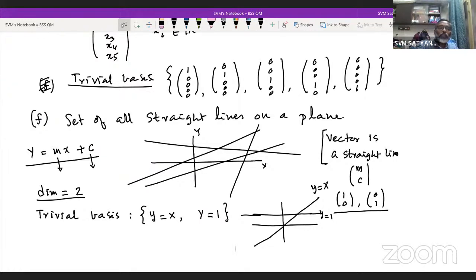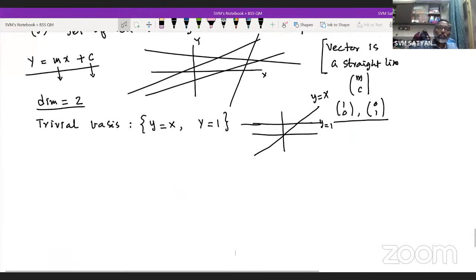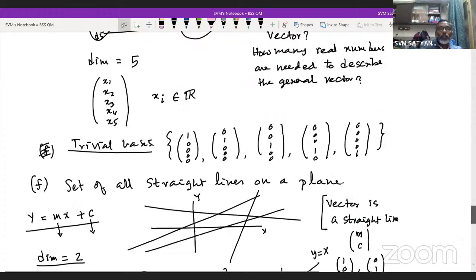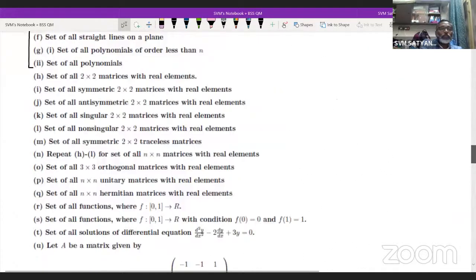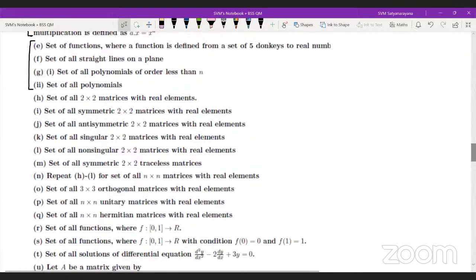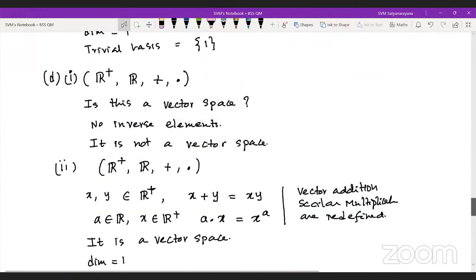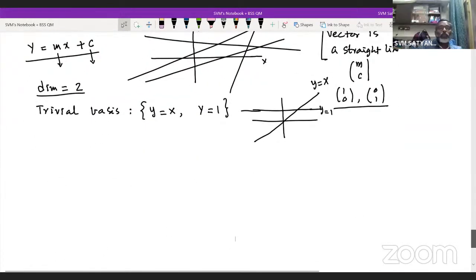So we have to write down the basis also as a straight line. Whatever the vector is, in the same language we must depict this basis also. Now, in this case, how are the operations, addition and multiplication, defined? Suppose I have 2 straight lines.